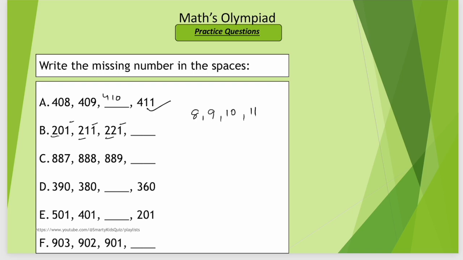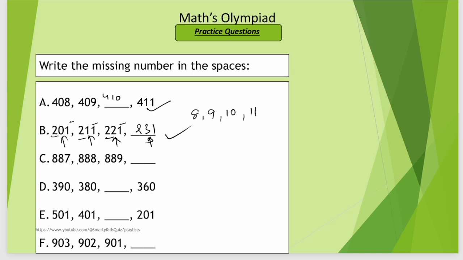What is changing? Tens place, 0, 1, 2. So just write 3, because the hundreds place is not changing, ones place is not changing. Hundreds place was always 2, ones place 1. So what is changing? Tens place increasing by 1. So just write 231. Done.